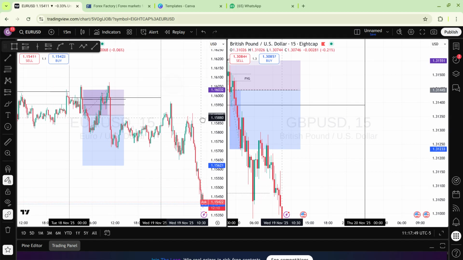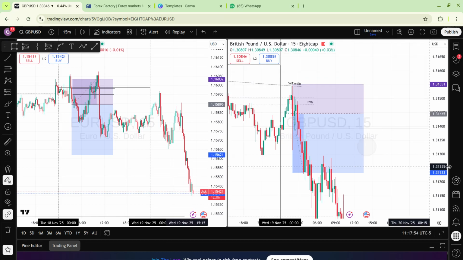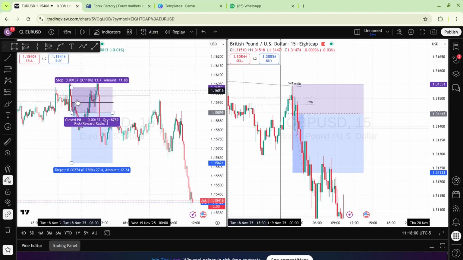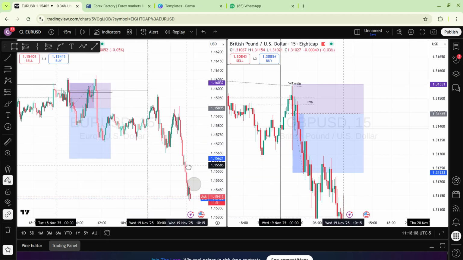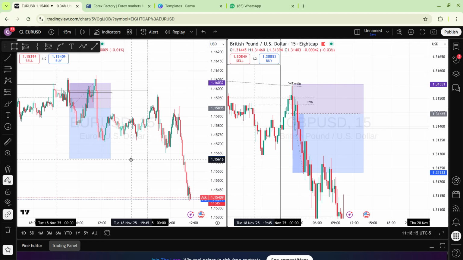The first thing I always look for is SMT, and like yesterday on EURUSD, I had a bad trade. I still use the same concepts every time, so this is just to highlight that it won't always work. Yesterday it didn't work. Our highs got taken and we were stopped out, but today we were profitable.